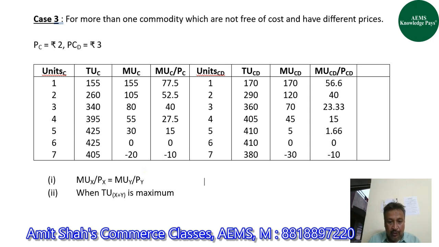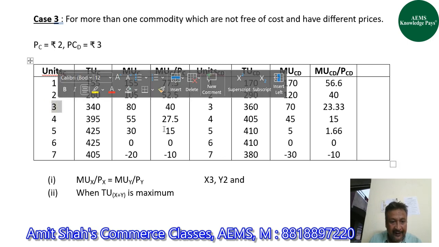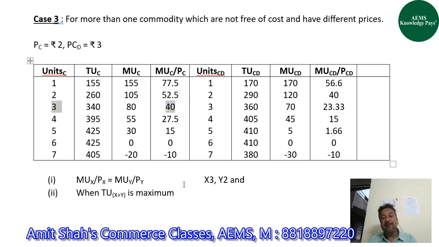We have found here two points where this first condition is met. That is 3 units of x where MUx upon Px is 40, and 2 units of y where MUy upon Py is 40. That is, this condition is met here.